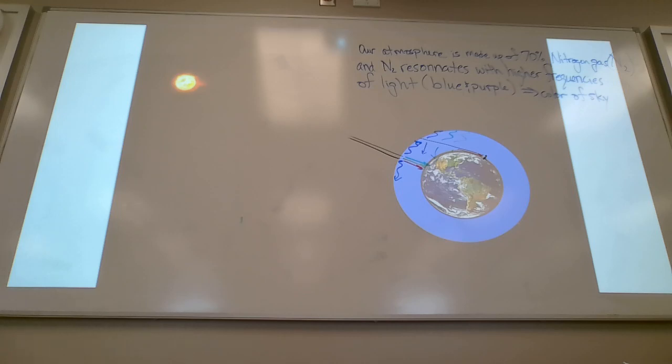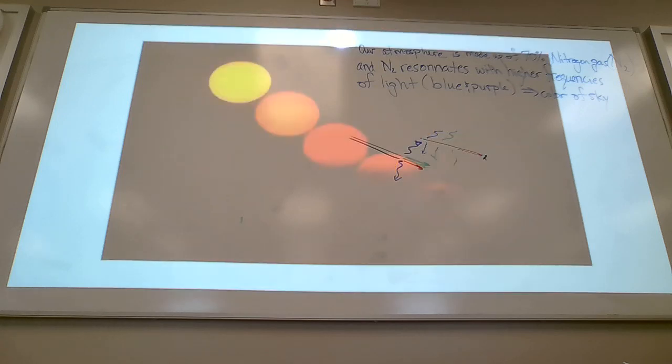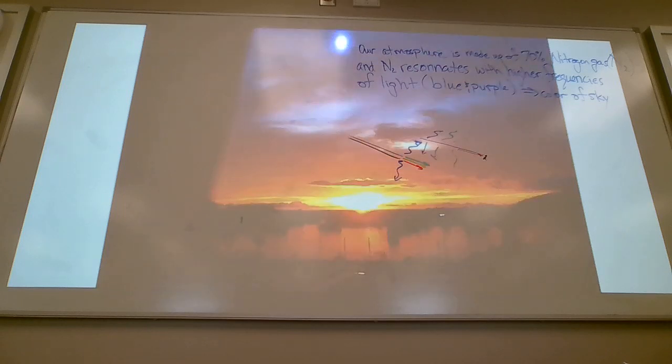So that's why the sun looks deeper and deeper red colored as it approaches the horizon, and why the skies look really cool because it scatters the different colors. Good with that?